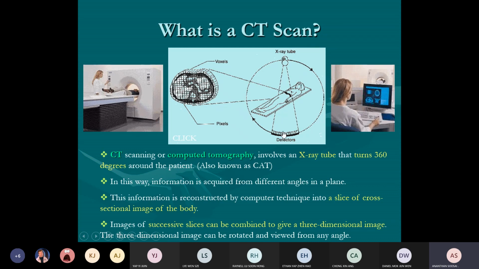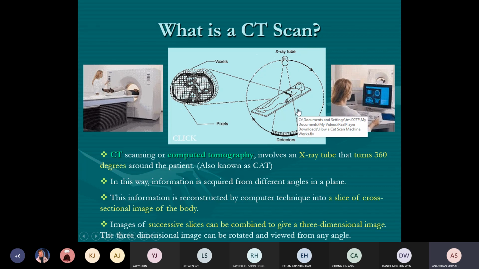But how this is different from the earlier X-ray is that this X-ray tube will rotate. That means it's not taking just the upper image. When it rotates, it takes the side images, so it takes images at every angle.